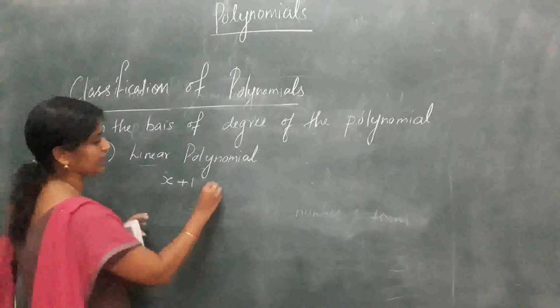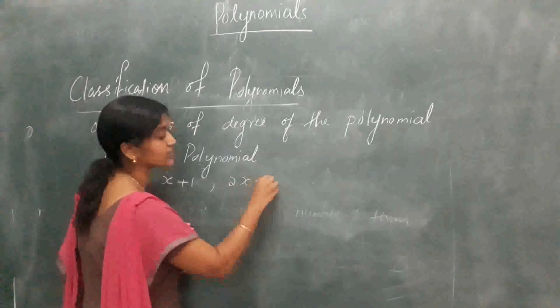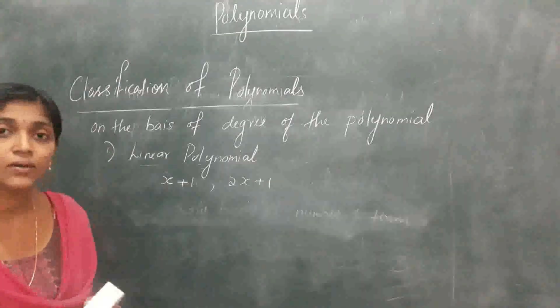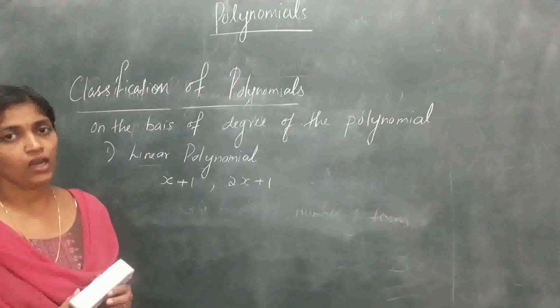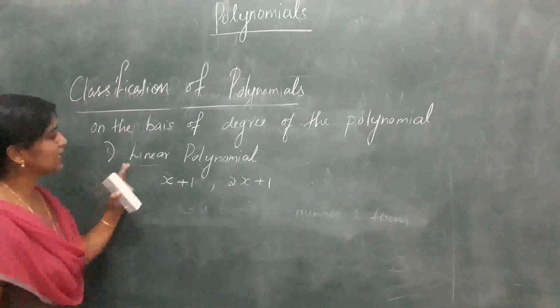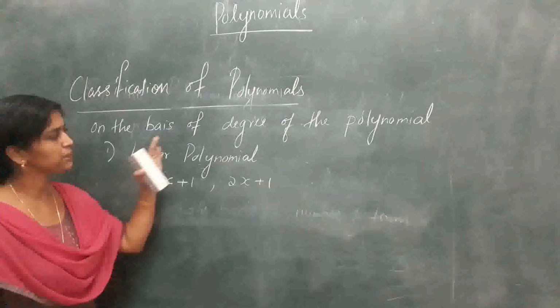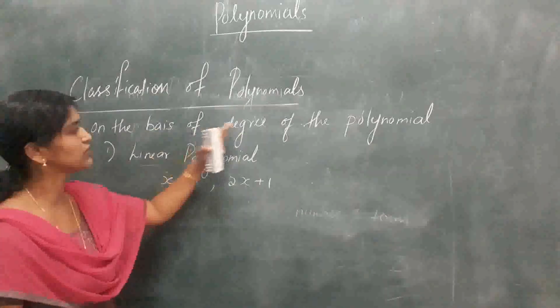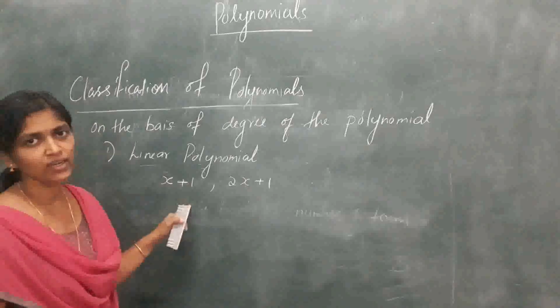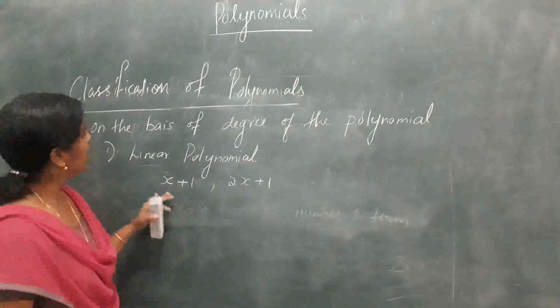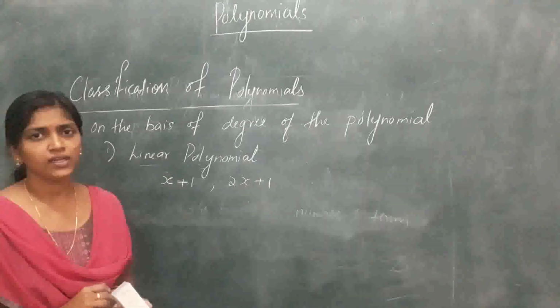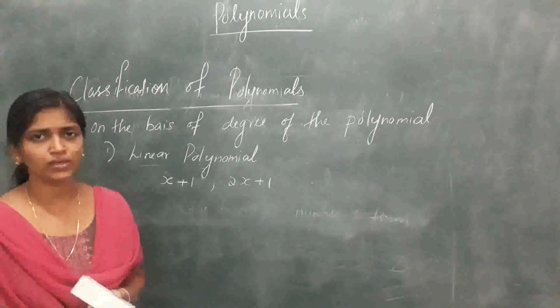I can take another example, 2x plus 1. It is an example for linear polynomial. Now, when we say linear, based on the degree of the polynomial we are classifying, and we are going to study its general form also here.